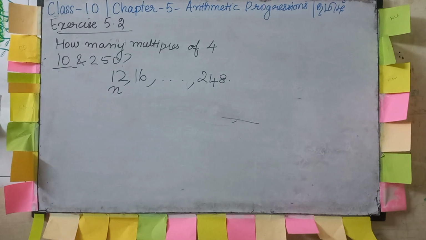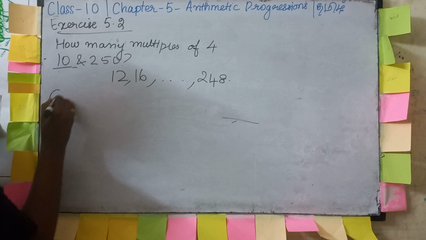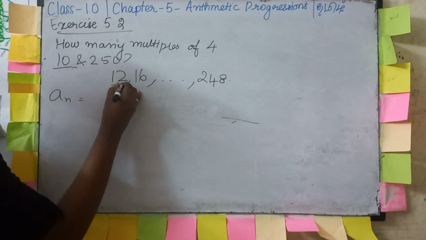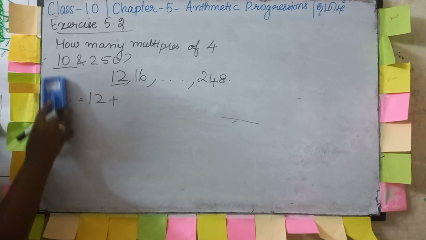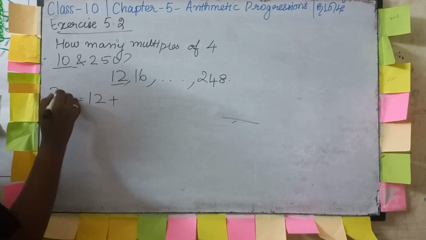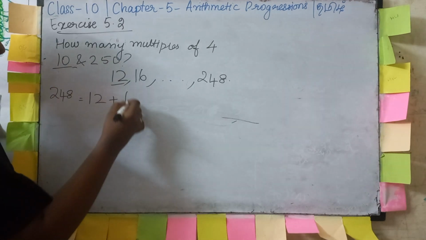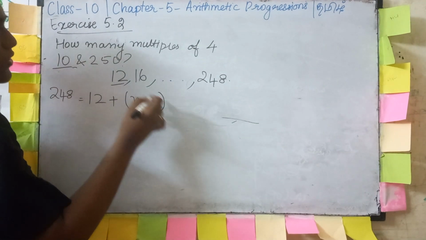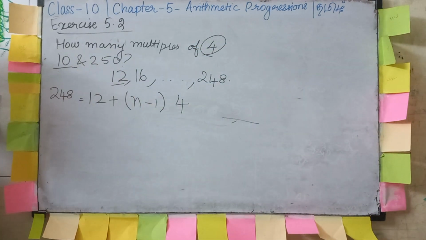See, A n equals, what is A? 12 plus, 248 is the last term, right? Then 248 equals 12 plus n minus 1 into, what is the difference? Multiples of 4 means the difference will be 4.